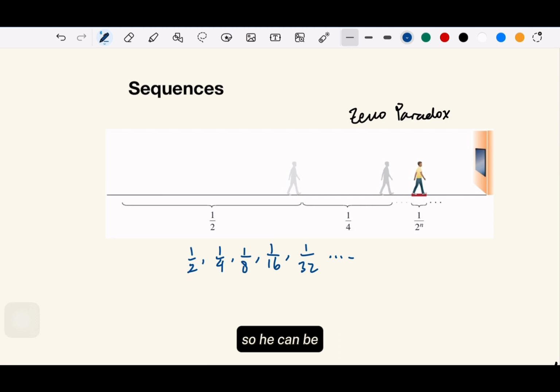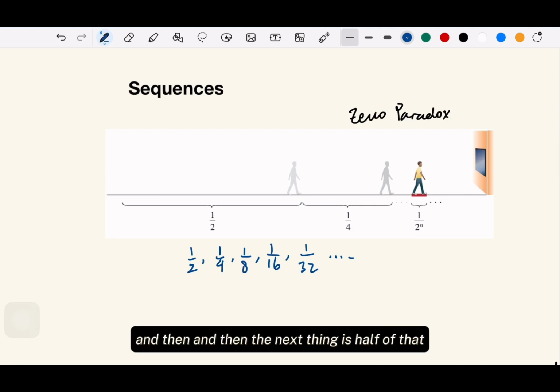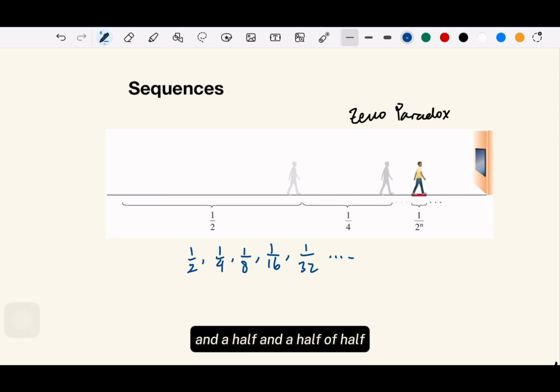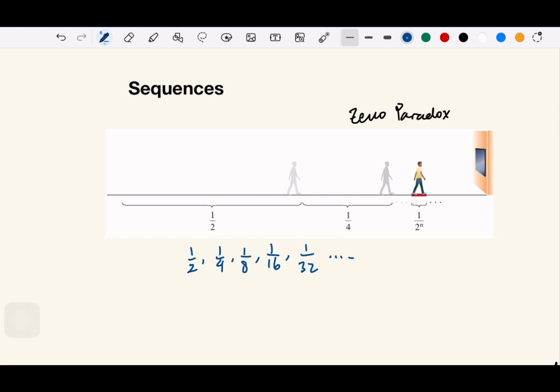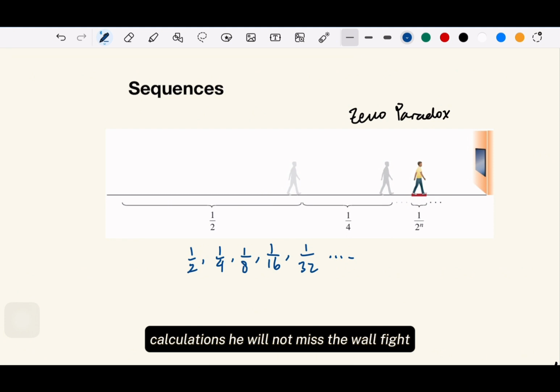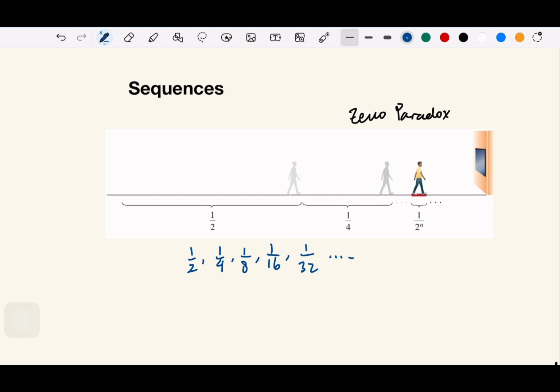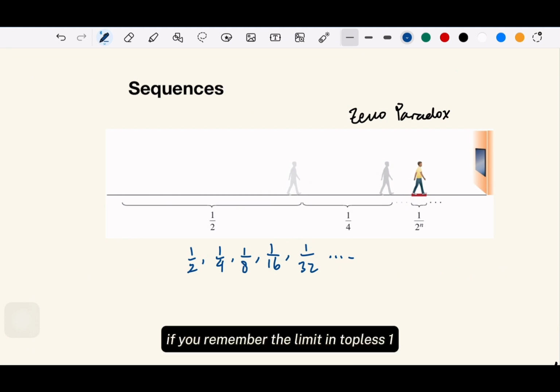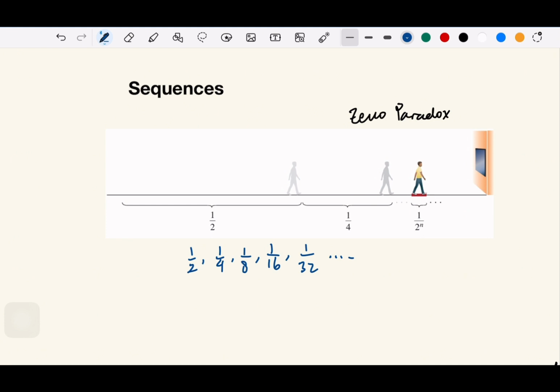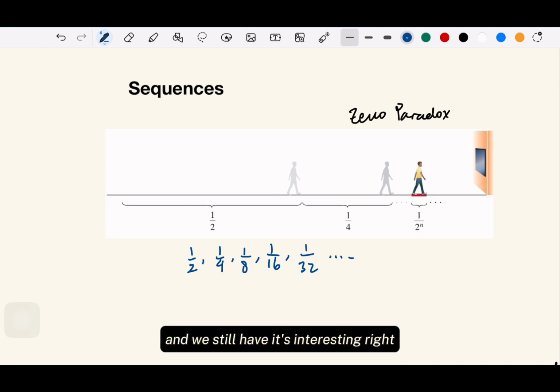He adds half of that, and then half, and then half, and I think in calculation he will not reach the wall, right? But if you remember the limit in calculus 1, using limit, you can reach the wall. It's interesting, right?